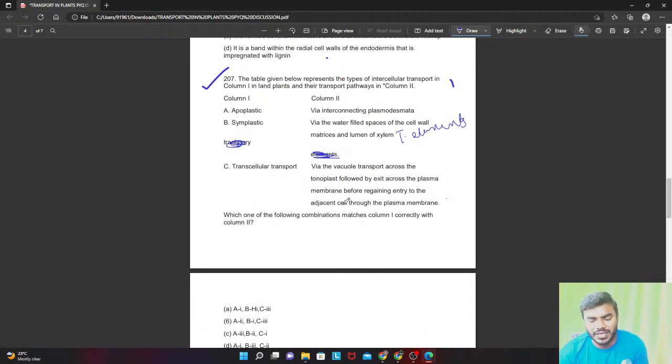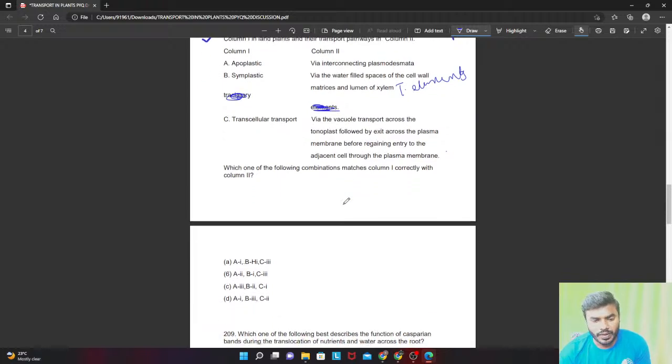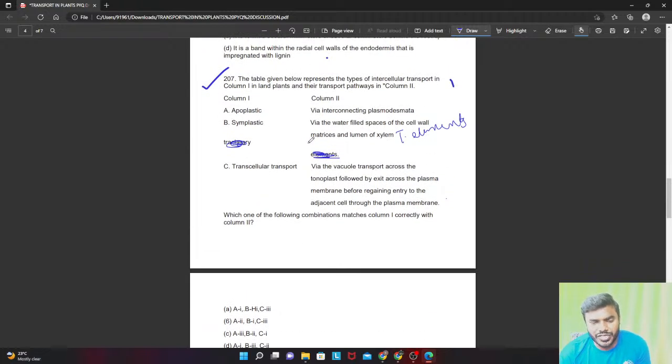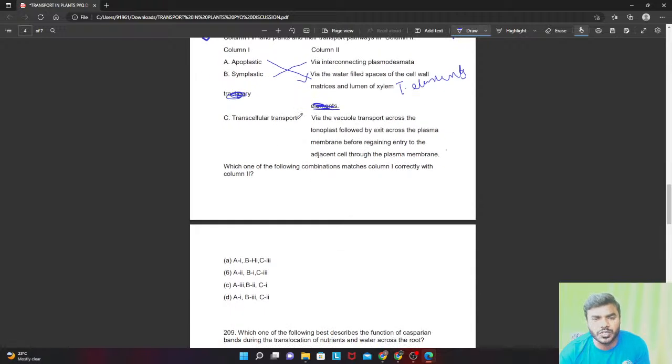Don't make mistakes. Such a simple question it is. Apoplastic via the water-filled spaces of the cell wall matrices and lumen. Symplastic via interconnecting plasmodesmata. Transcellular transport via vacuole.